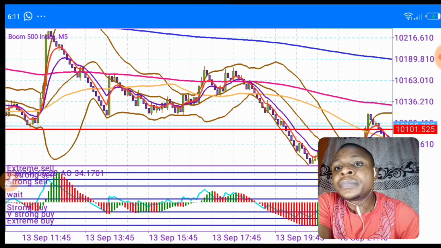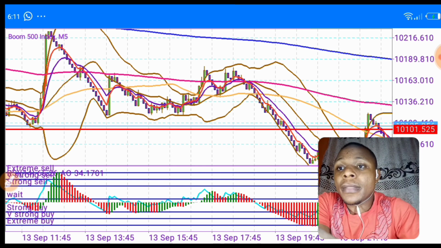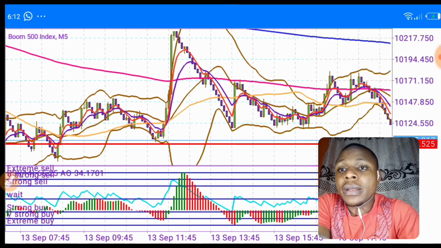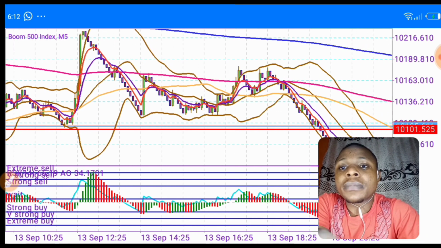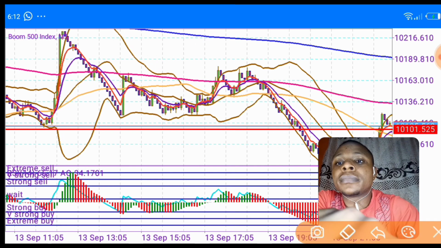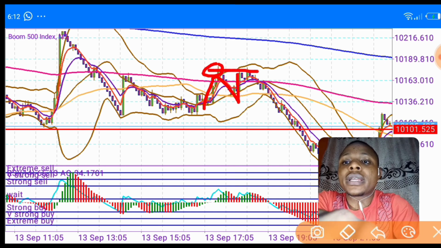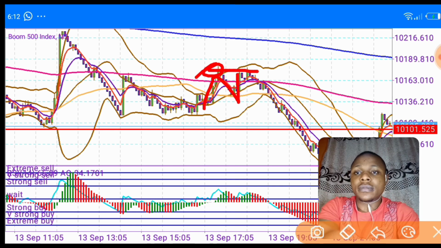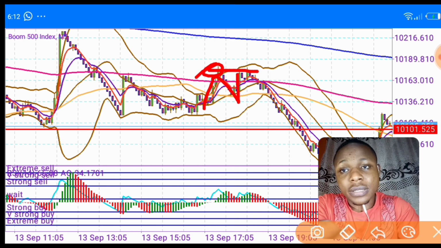For example, when boom or crash spikes and sells, see here, it has been buying, it sold, then spiked again, but didn't break this previous resistance. Do you understand? It didn't break that previous resistance.